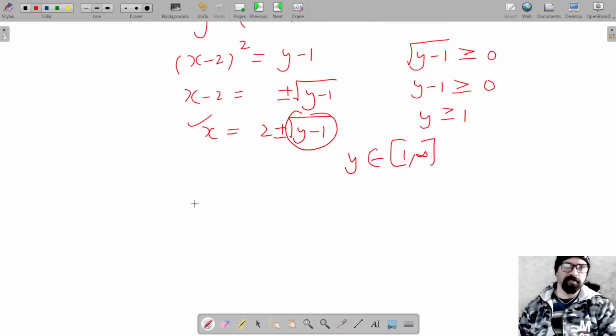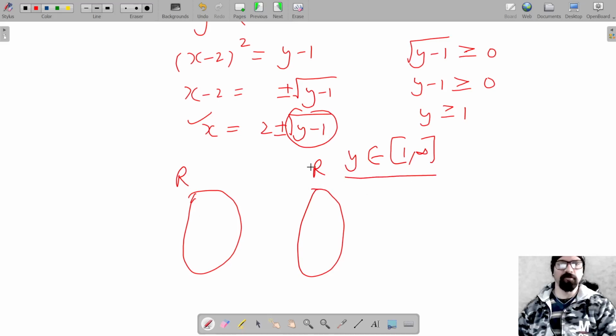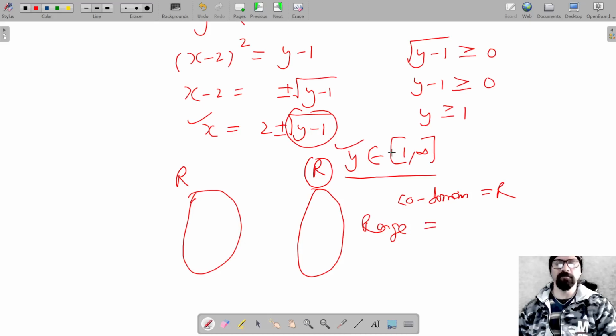So this is now our range. The codomain here is R, the real numbers, but the range is only from 1 to infinity. So that means we are leaving out the negative numbers.